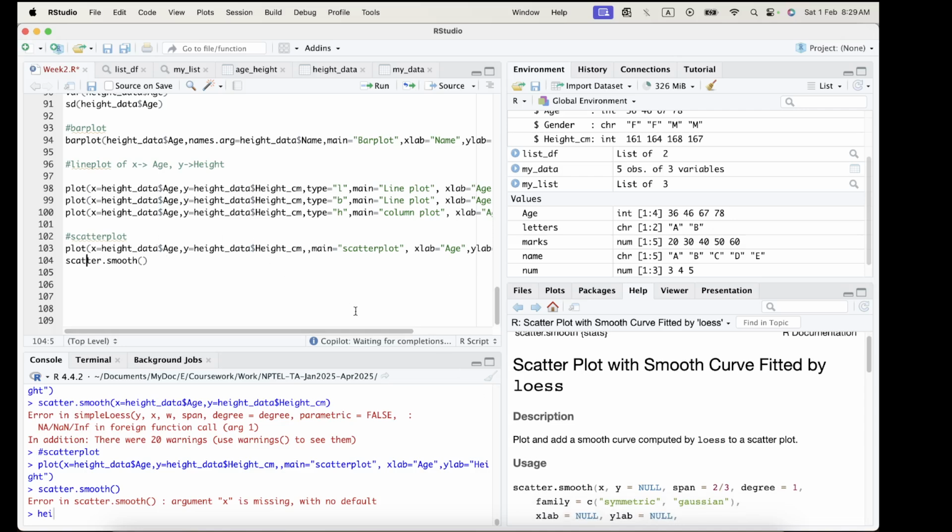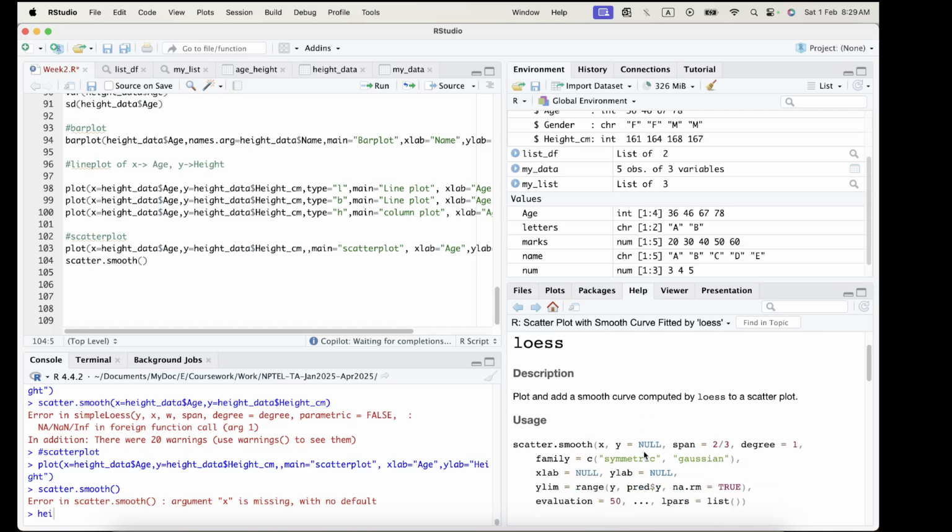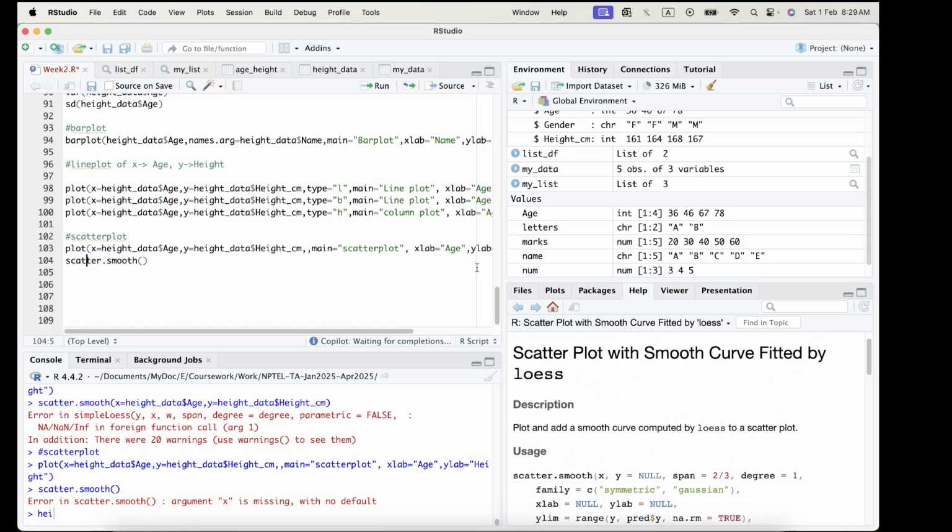So it will add a certain curve to my scatter plot.